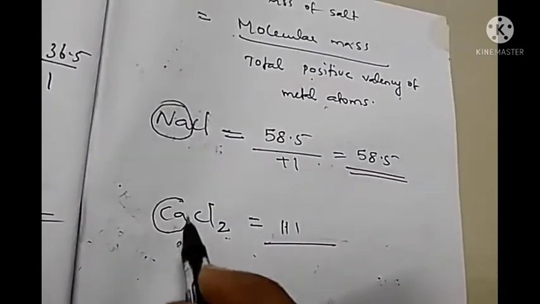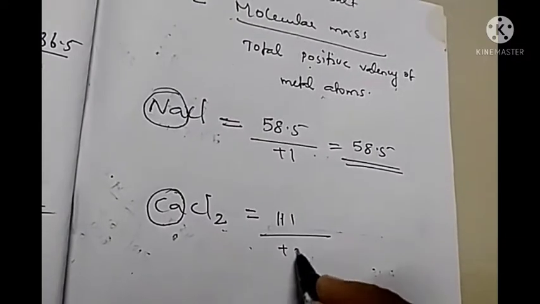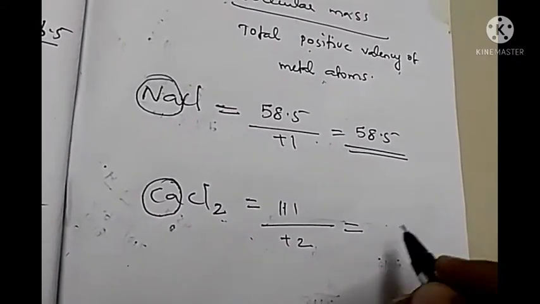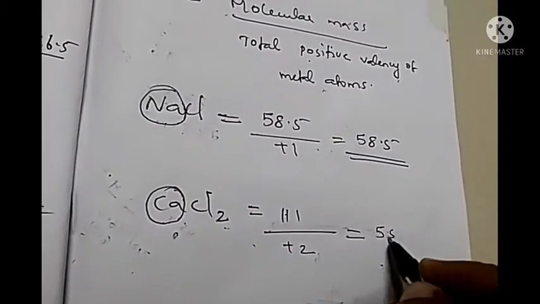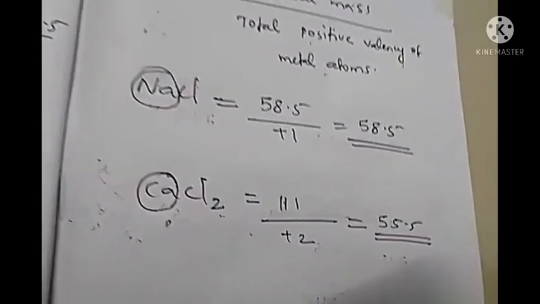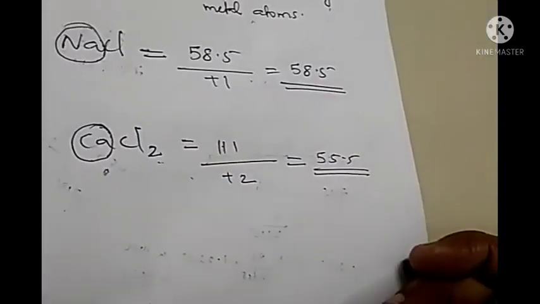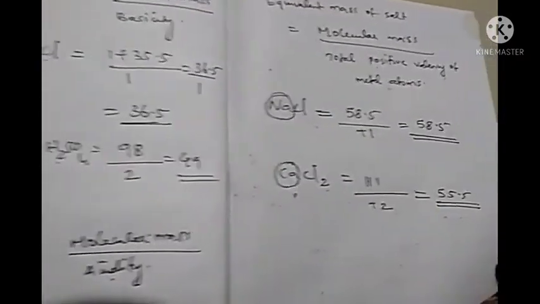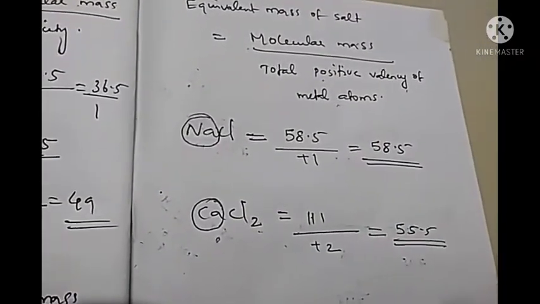This is the metal atom, and what is the positive charge? +2. So 111 divided by 2 is equal to 55.5. This is the equivalent mass of calcium chloride. Got that? So this is the way to calculate the equivalent masses of acids, bases and salts. I think it is clear for all of you.